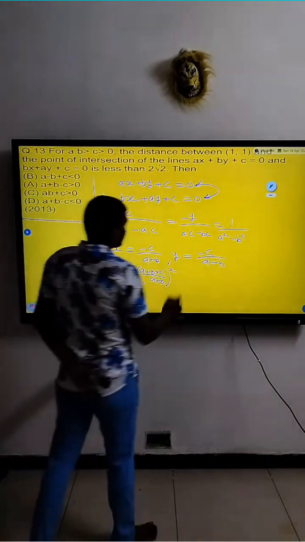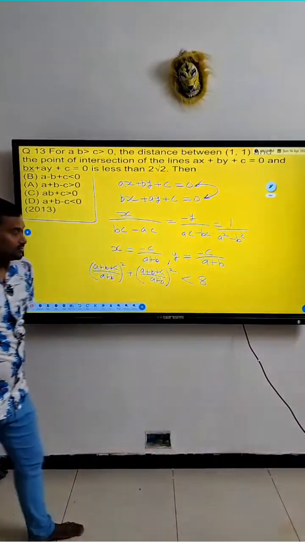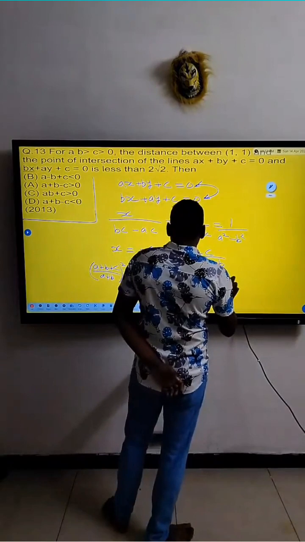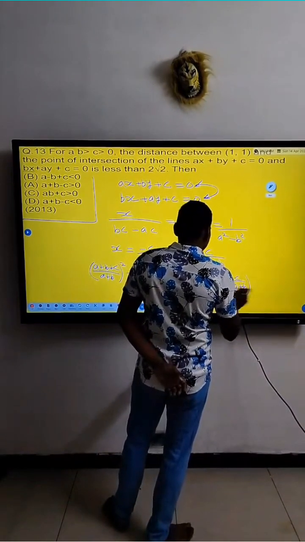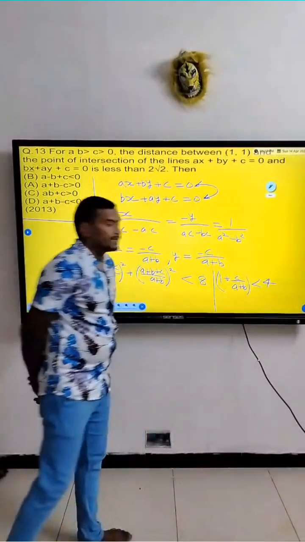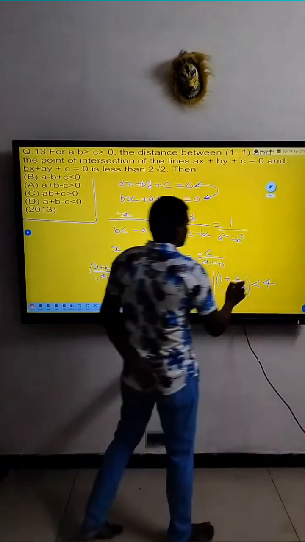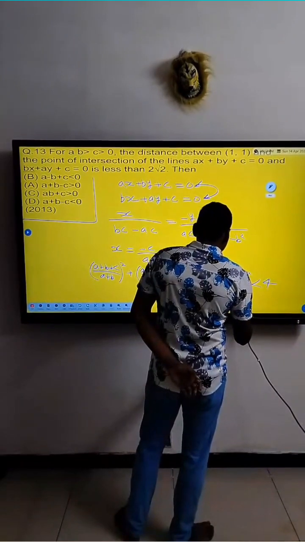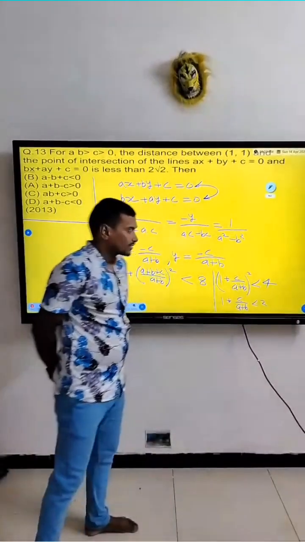So its square will be less than 8. So make this 2 times, so we will say (1 + C upon A + B), this whole square must be lesser than 4. That is, 1 plus C upon A plus B must be lesser than 2.